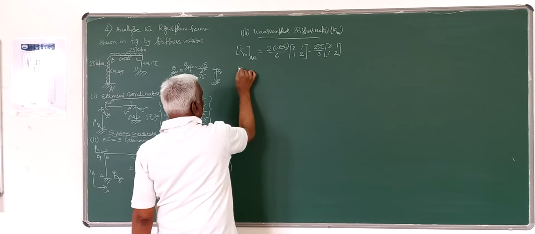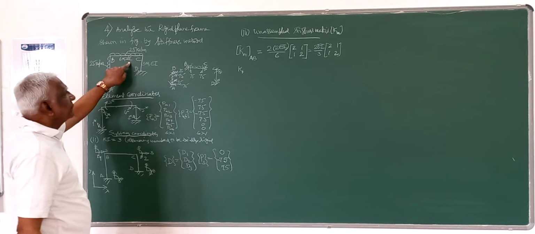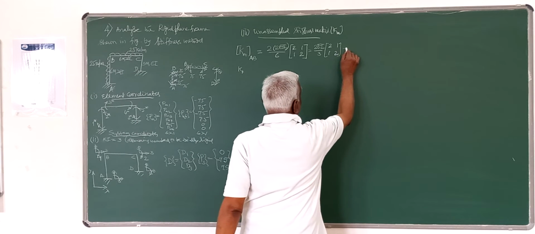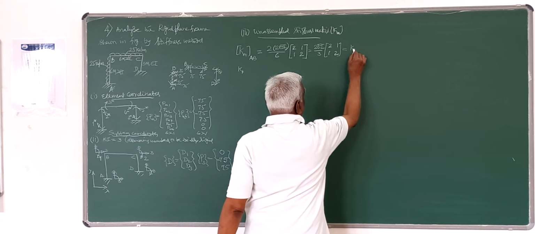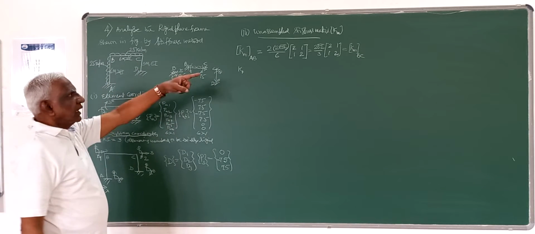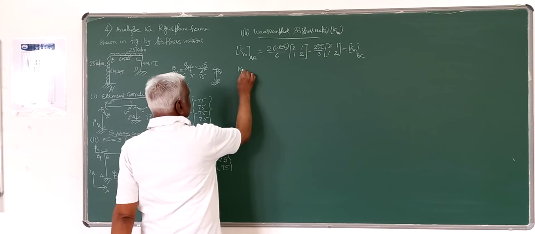Similarly, for member BC, it is the same 2EI and the same length 6. So I can straightaway write this is equal to KM BC. AB and BC have the same element stiffness matrix.